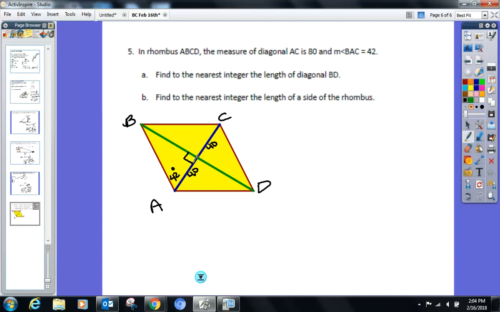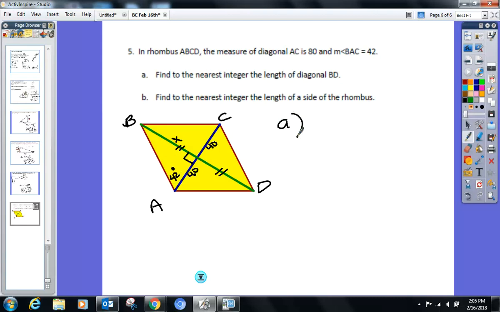No. But I can find part of BD. How? Find this portion in this right triangle and do what with it to find the entire diagonal? Multiply it by 2. Because diagonals bisect each other, these two are congruent. So once I use sine, cosine, tangent on this right triangle here, I can multiply it by 2 and round.